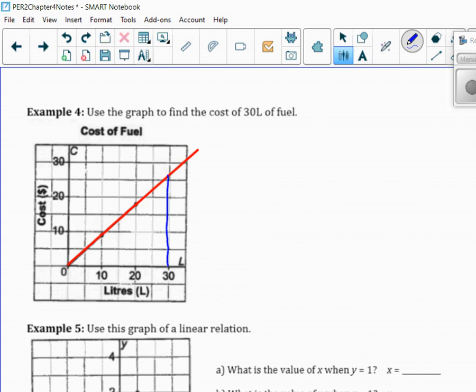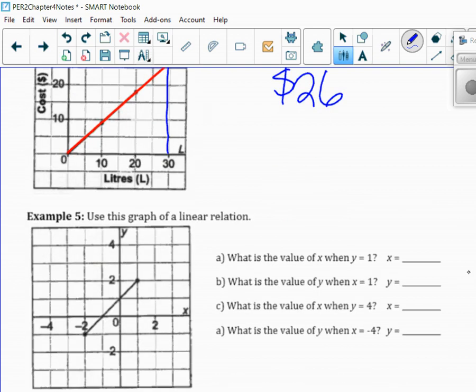It hits the line right there, and then we go across. It's not exactly $25, it's more than $25. Let's say $26. I would probably accept $27, but I wouldn't accept 25 because it's not on the 25 line, and a little bit more is getting a little bit too extreme. That's why you have to use your ruler so that this can be way more precise.